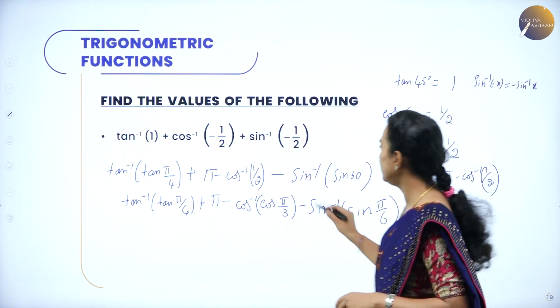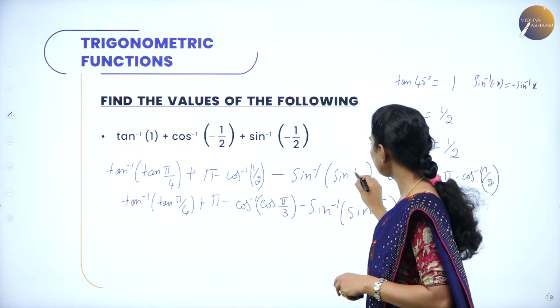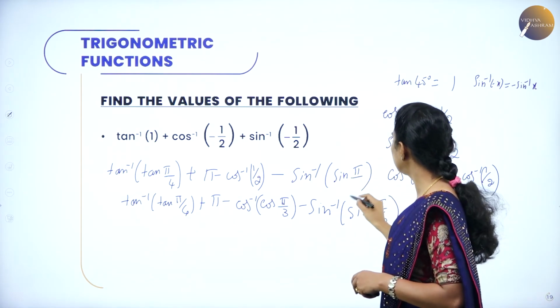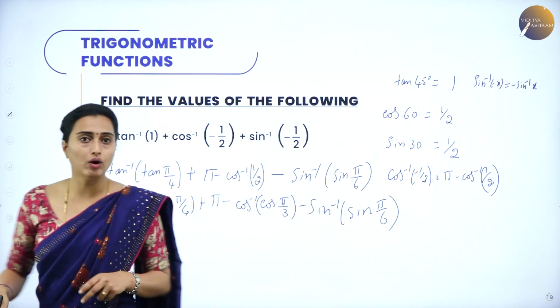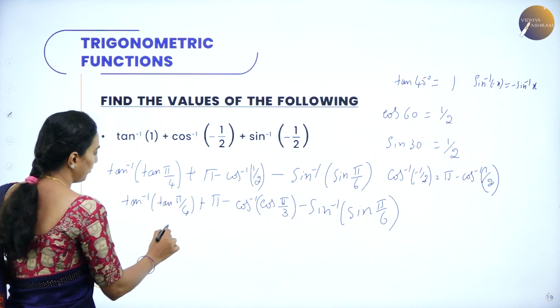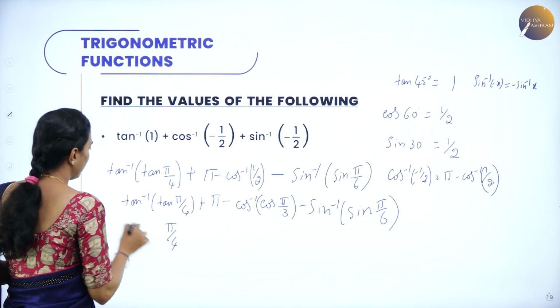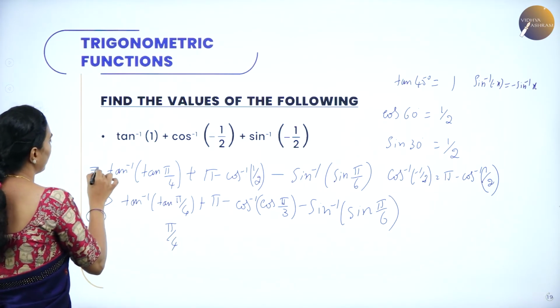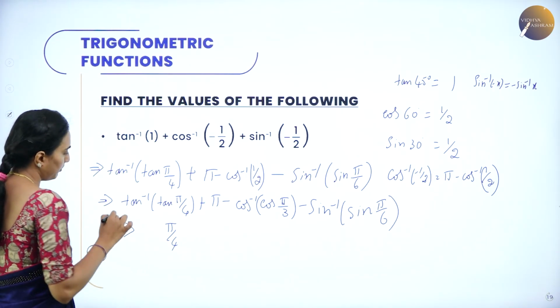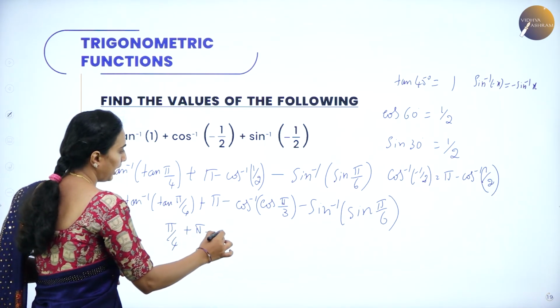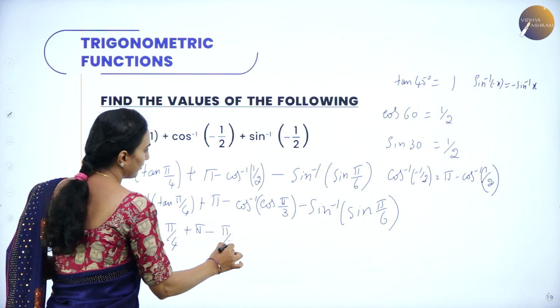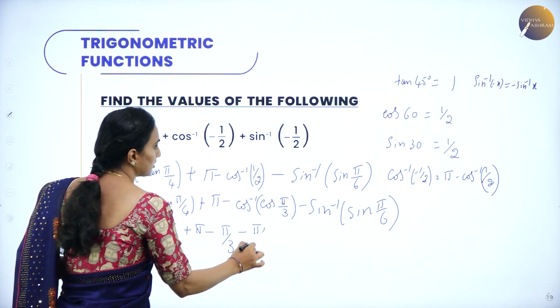Here tan and tan inverse will go, and you are going to remain with pi by 4. Please write down the arrow mark. Pi by 4 plus pi minus pi by 3 minus pi by 6.